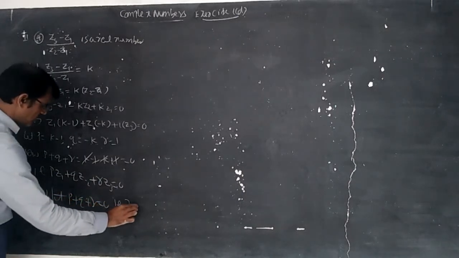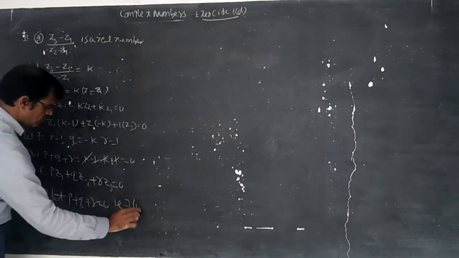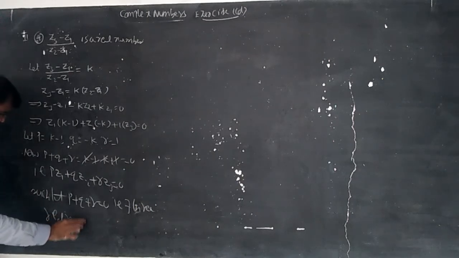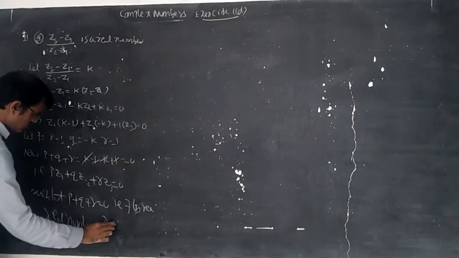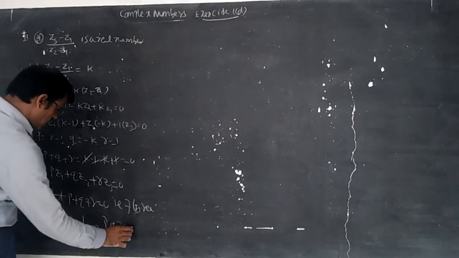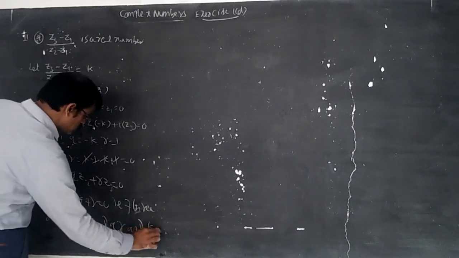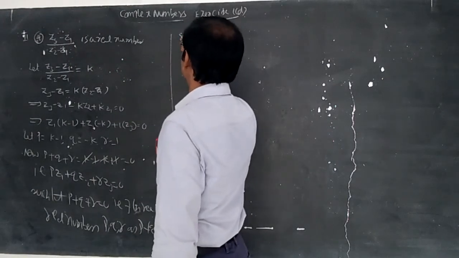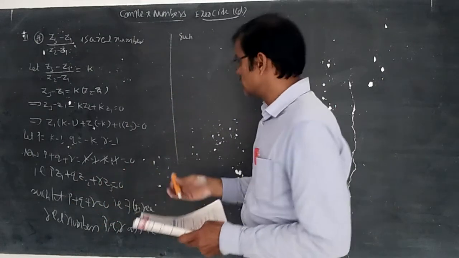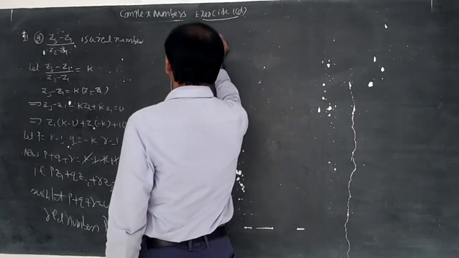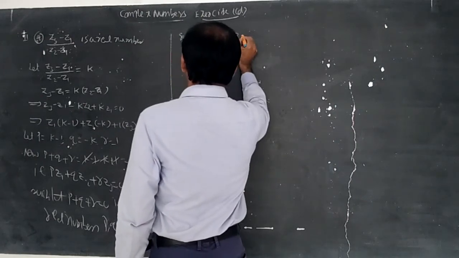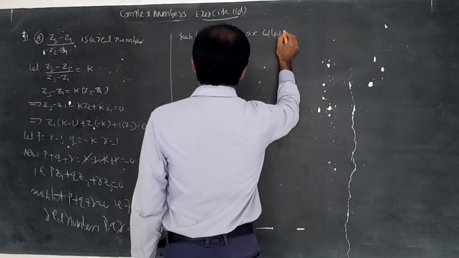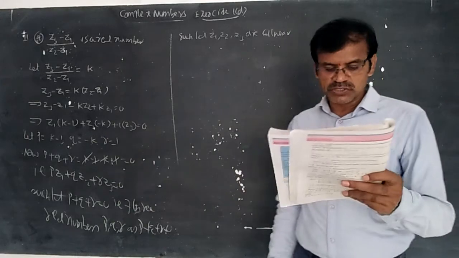That is, there exist three real numbers P, Q, R such that P plus Q plus R equal to 0, such that Z1, Z2, Z3 are collinear.